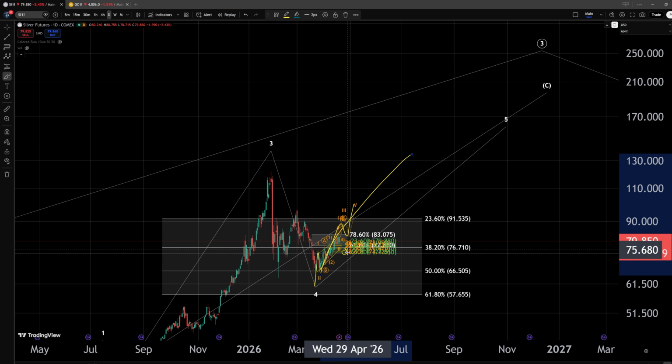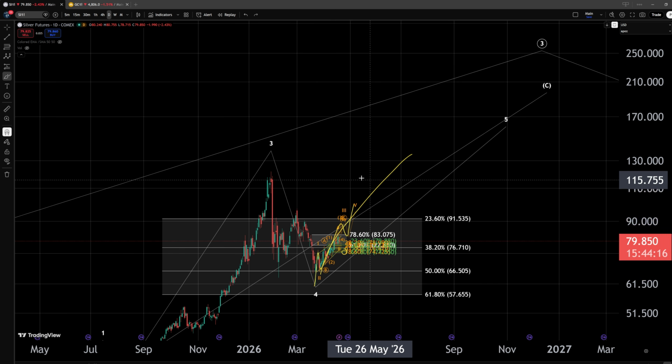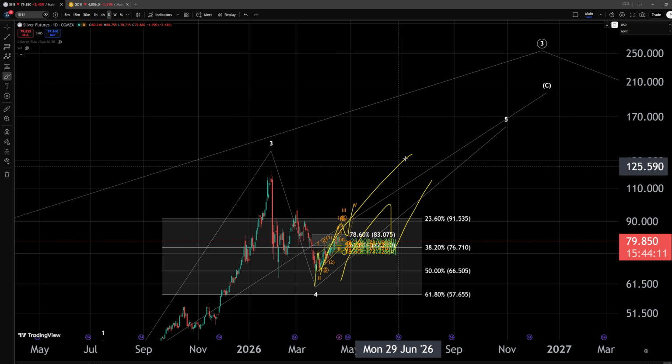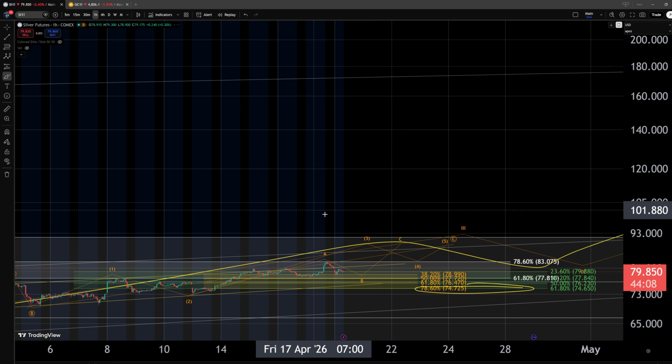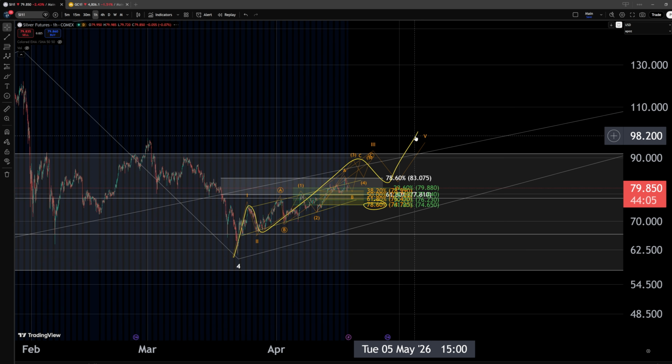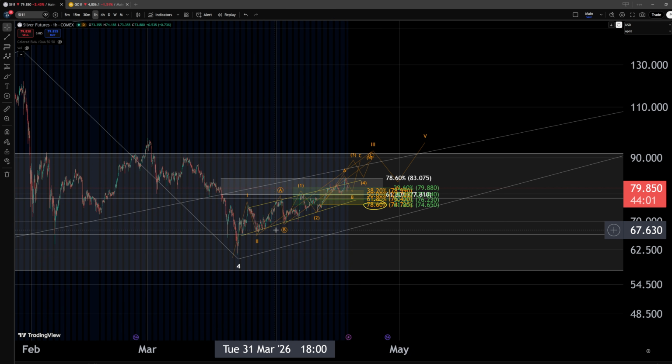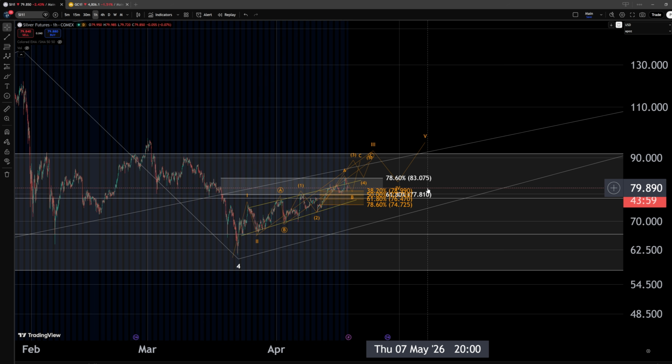A wave A can be formed of a 3-wave pattern, yeah, an ABC structure typically. And the same can be said for the internal wave A, which might be exactly what would be building in this structure. However, even in that scenario, we do not have an ideal structure, right?